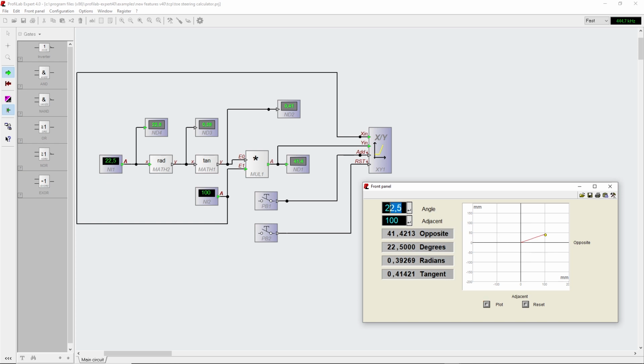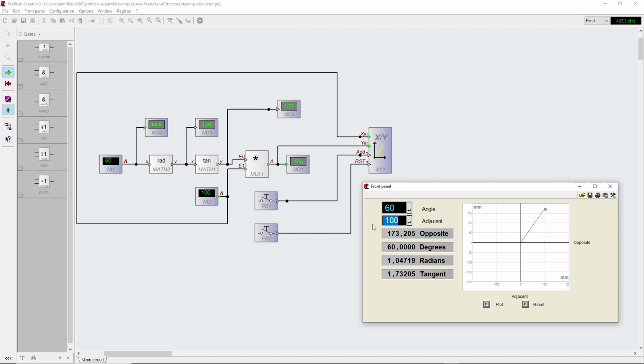If I were to change that to 60 degrees, that's now 60 degrees over there. So the opposite is now 173.205 millimeters, and the adjacent is 100.